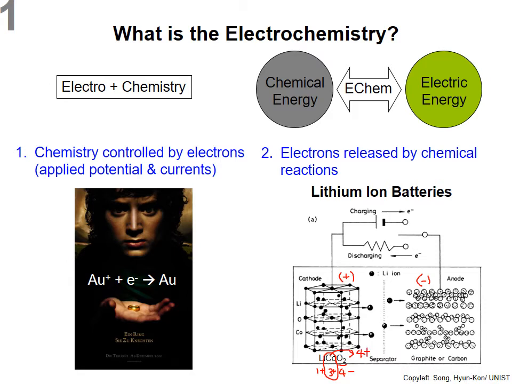Then of course those electrons belonging to the cobalt are going this way. You have applied some potential into the system, so you are pumping out the electrons from cobalt oxide. Then you will use those electrons on the other electrode. Anyway, I'll explain that later.